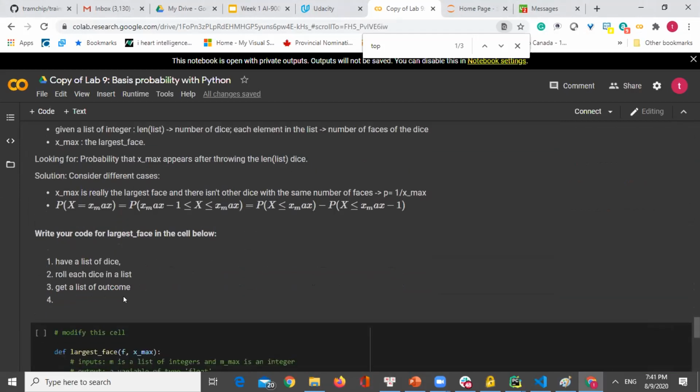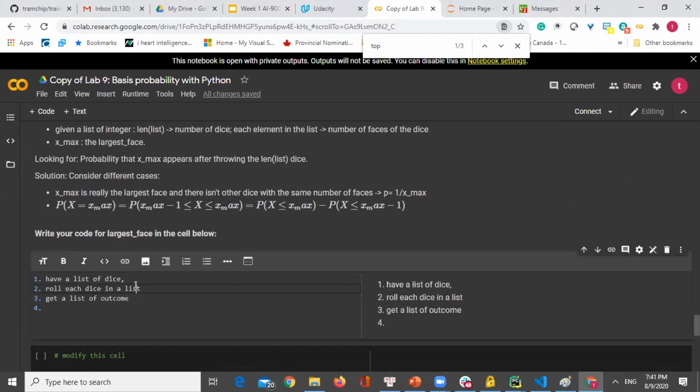Okay, so we get a list of outcomes. I understand this part. So once we get a list of outcomes, what should we do next?